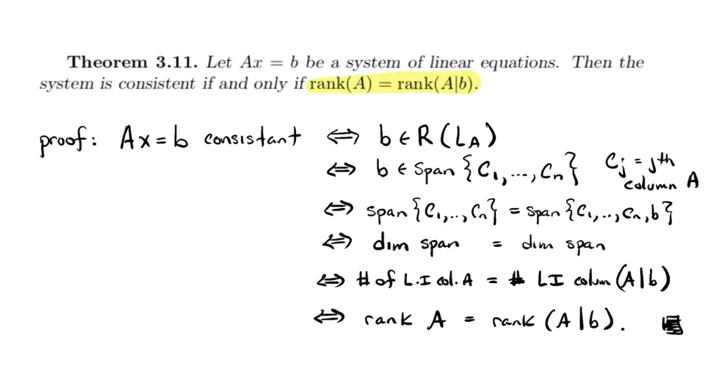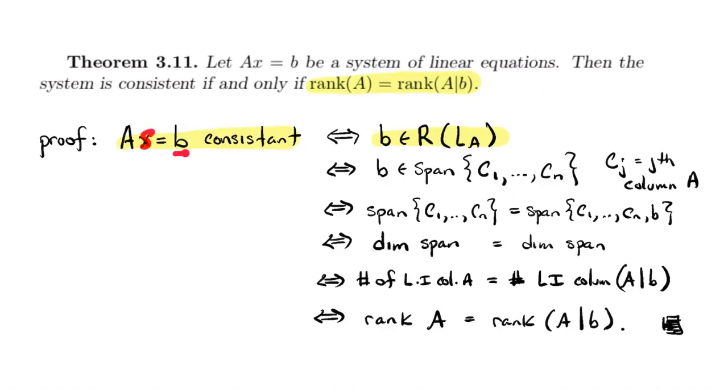So I decided just to kind of bullet this out as a bunch of if and only if statements. So let's check it out. So the system is consistent, well, if and only if B would be in the range of L sub A, right? Because that system is consistent if it has a solution. So there must be some vector S that you can plug in here and it makes the system true.